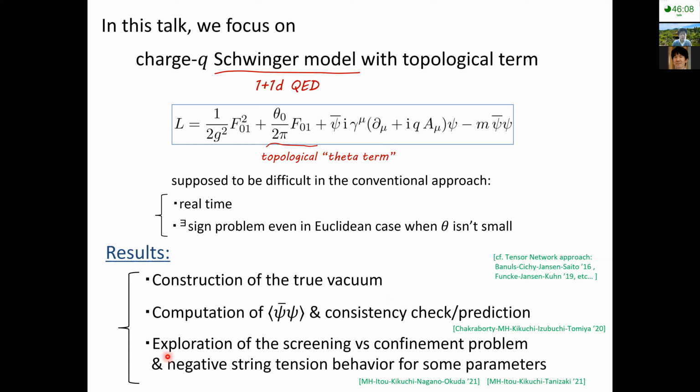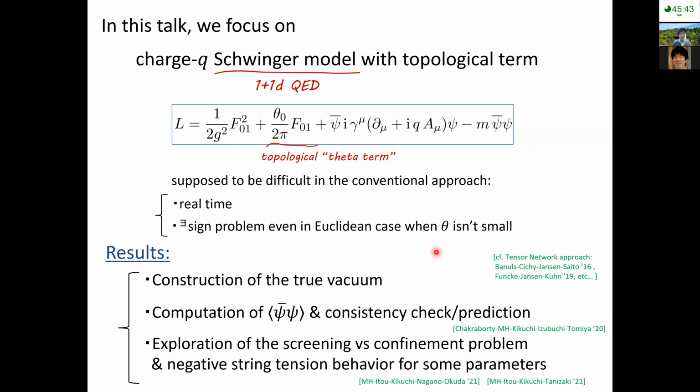And we also explored a problem called the screening versus confinement problem, explained in the next slide. And also, we have seen that the potential between charged particles sometimes shows a behavior called negative string tension.